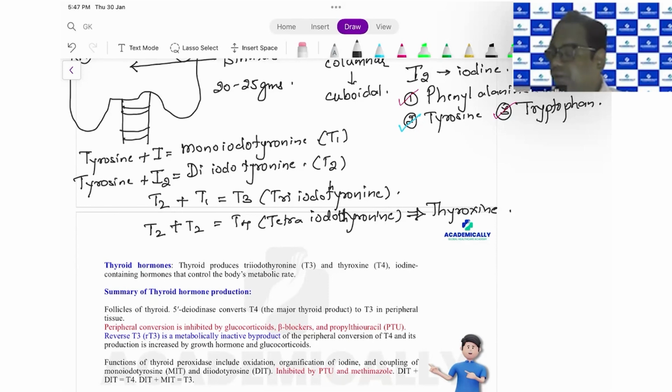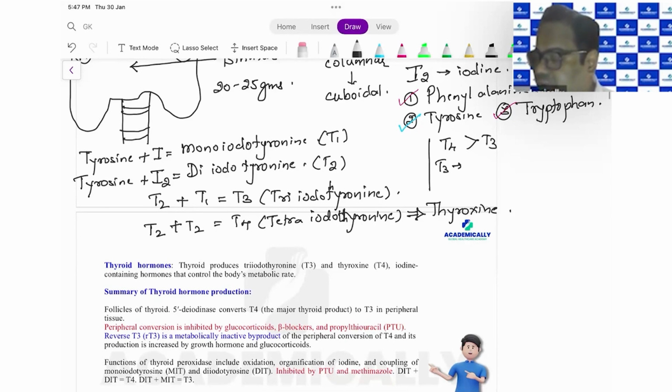All right. Now the question is, if you see the ratios, which is more? T4 is much more than T3 in the body. The ratio is almost 20:1, 20 times T4 as compared to T3. But which is more active?